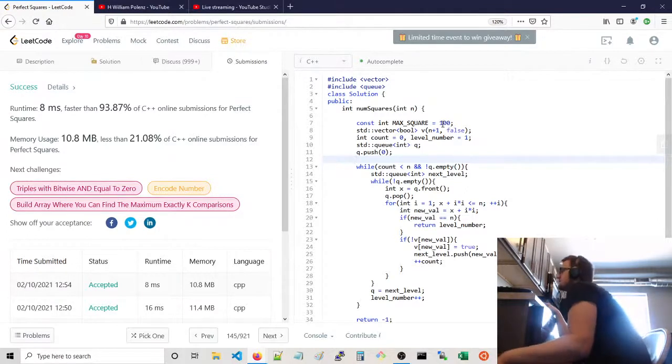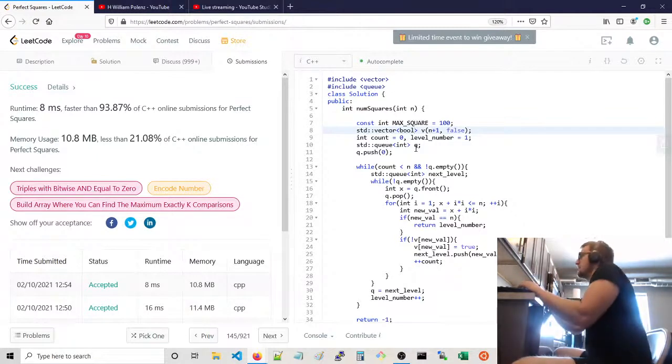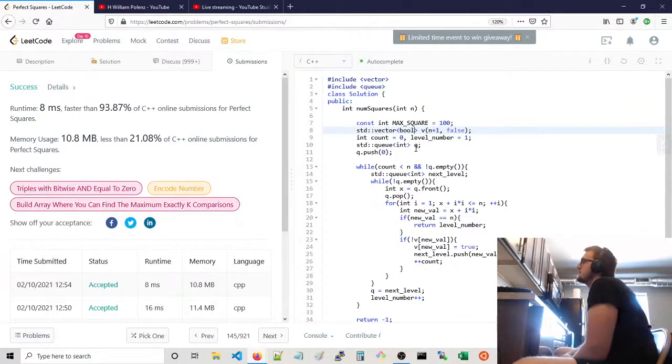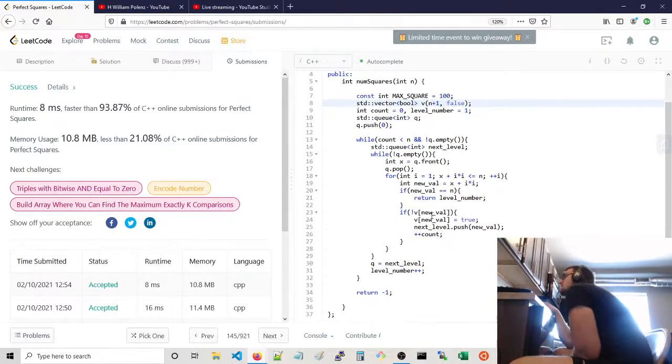Kind of curious if we go back to integers, that's definitely more memory though, a vector of integers versus a vector of booleans. It's way more memory. Not really sure how we can improve on the memory for this.